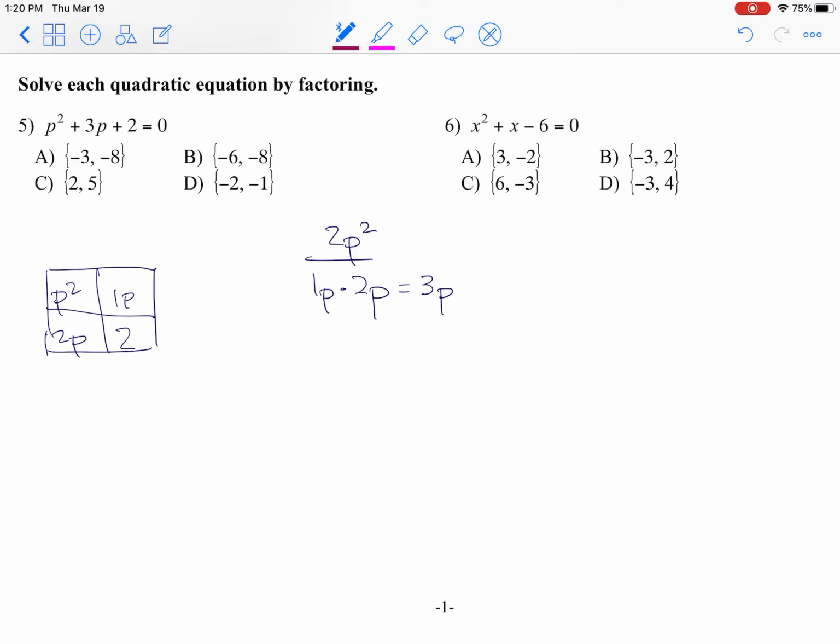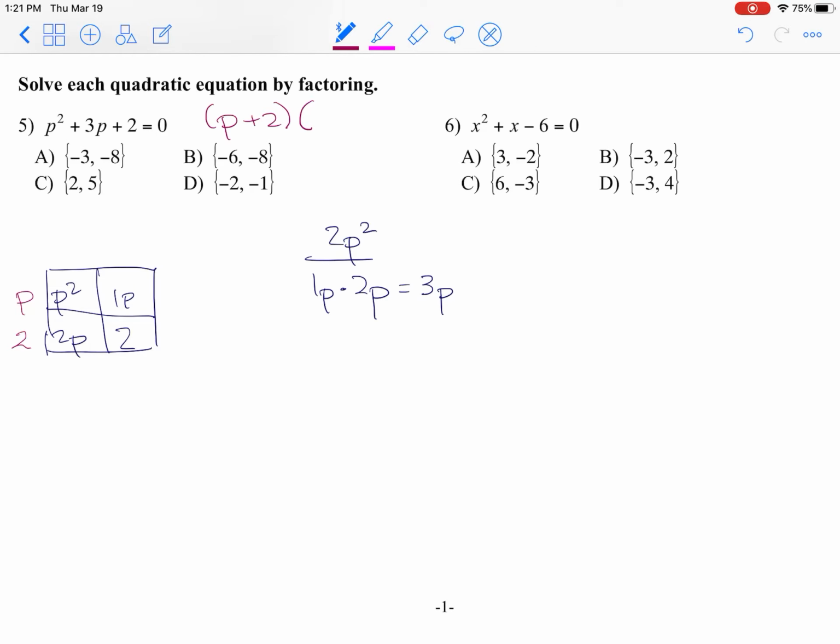So then, if you remember doing the box, we took a greatest common factor out from left to right in the two rows. In the top row, p to the second and 1p have a common factor of p. In the bottom row, 2p and positive 2 have a common factor of 2. So that means that one of our factors is p plus 2.